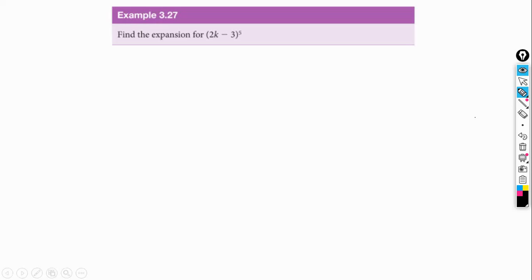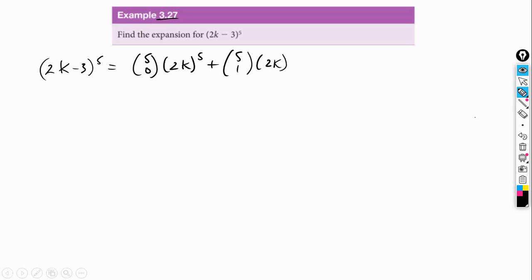So next we have example 3.27, which is very similar to example 3.26, where they ask us to do an expansion. So this would be 2k minus 3 to the power of 5. So we follow the same procedure, right? This will be 5, 0 for the coefficient, and then 2k to the 5. Next step, 5, 1, and then 2k to the 4, and negative 3.